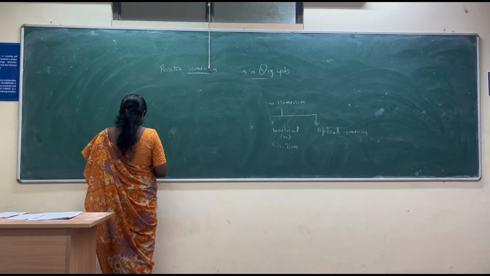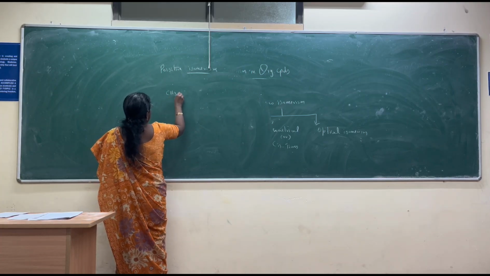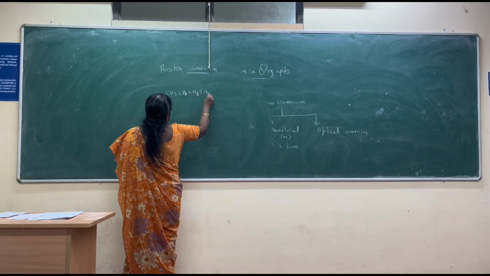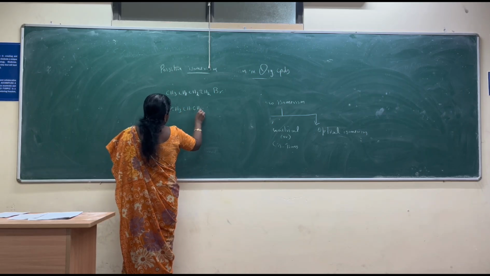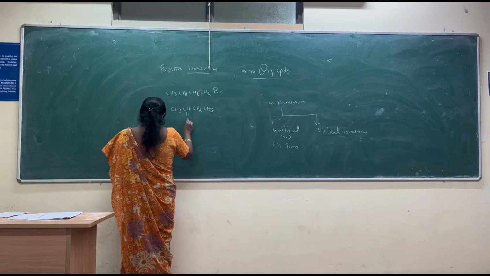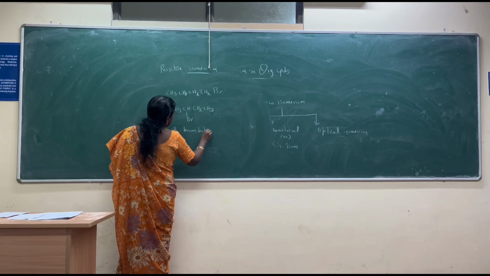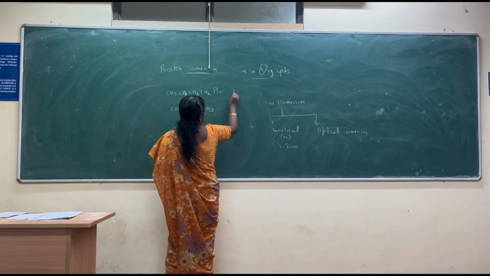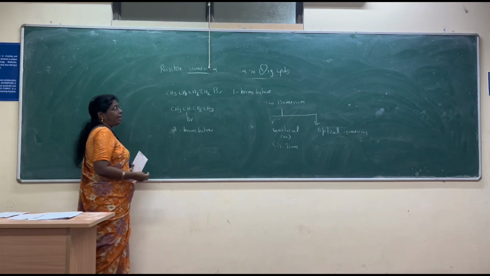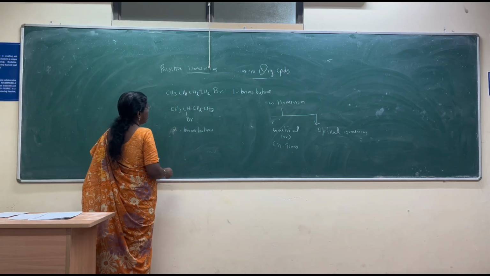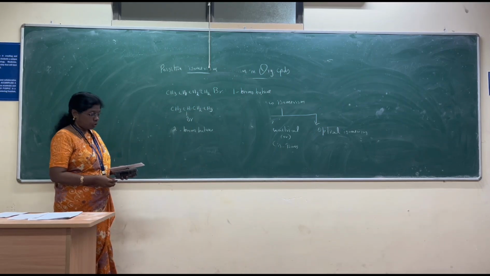In position isomerism, the molecular formula is the same but the position of the functional group on the carbon atom differs. Example: 2-bromobutane and 1-bromobutane. Butane, propane or pentane are examples of position isomerism. Same molecular formula but the position of the functional group is different. That is called position isomerism.